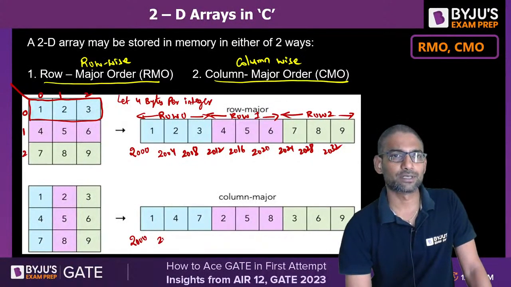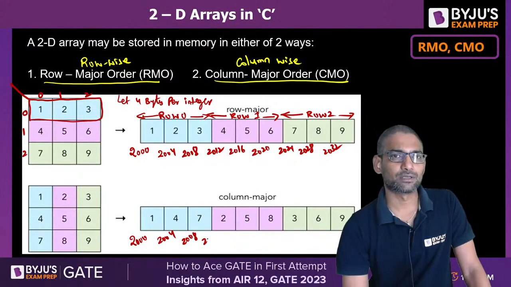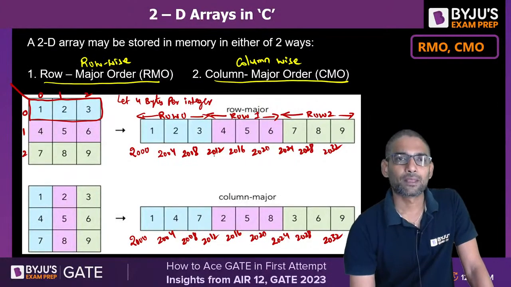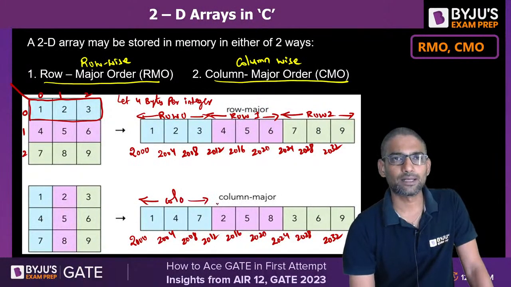So 2000, 2004, 2008, 2012, 2016, 2020, 2024, 2028, 2032 are the addresses. First column values are stored. Then second column values. Then third column values.